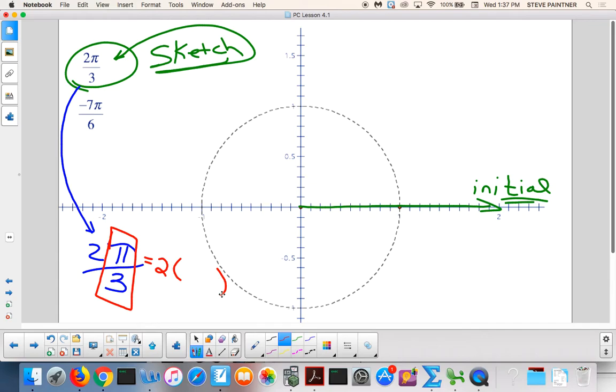Did anybody do pi is just 180? Divided by 3, it's really just 60. 2 times 60 is 120. Do you guys know that 2/3 pi is just 120?